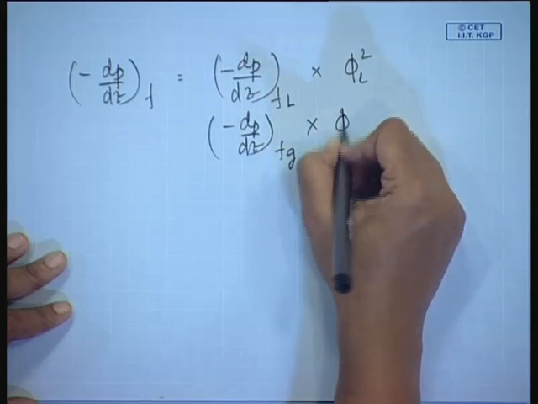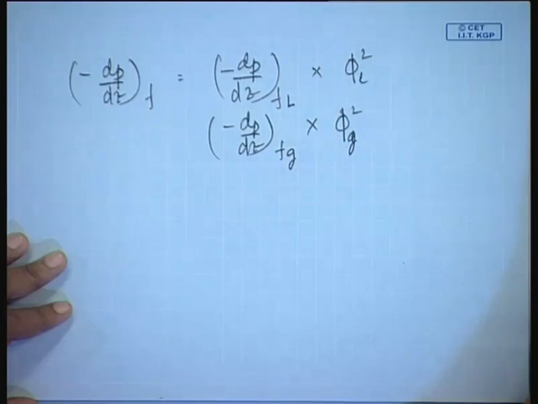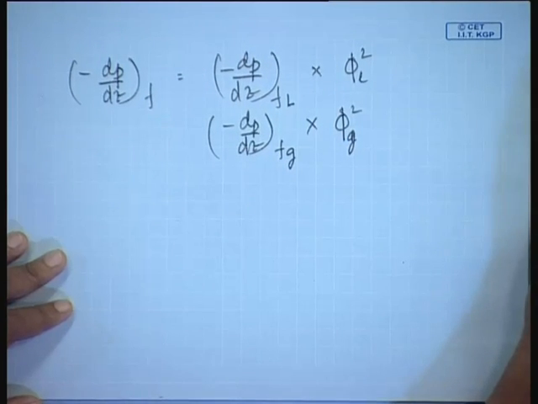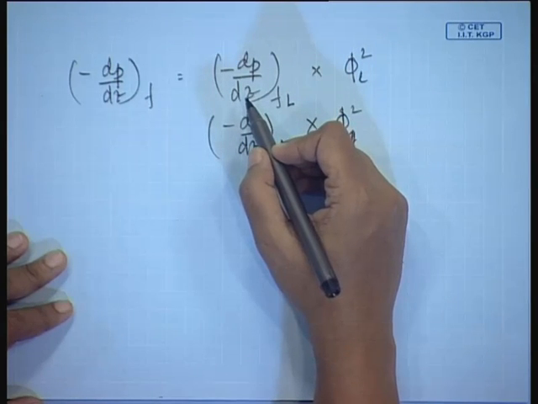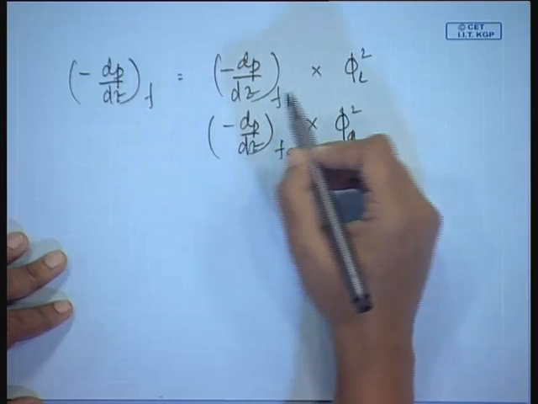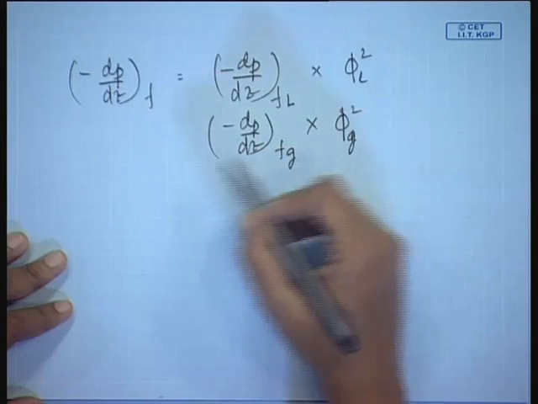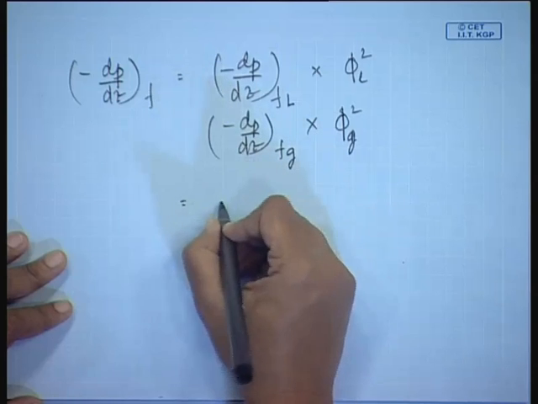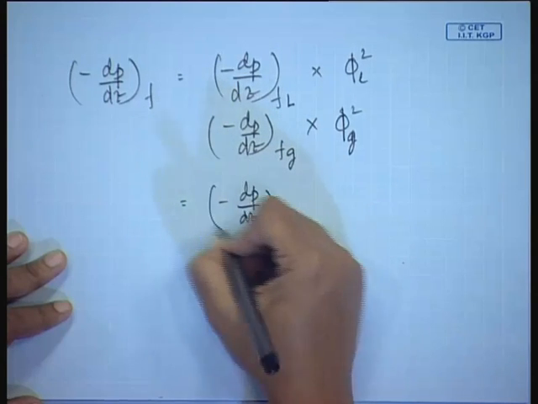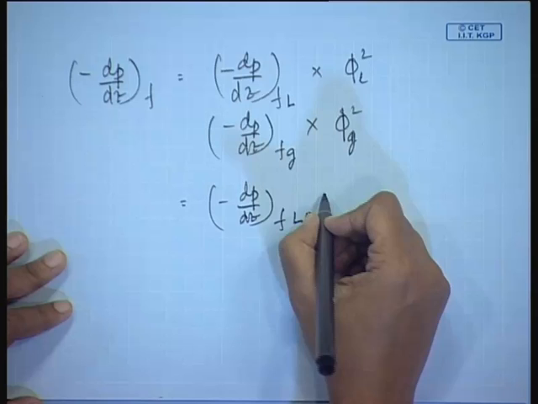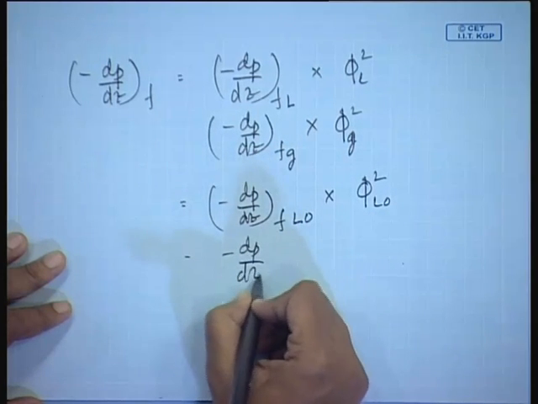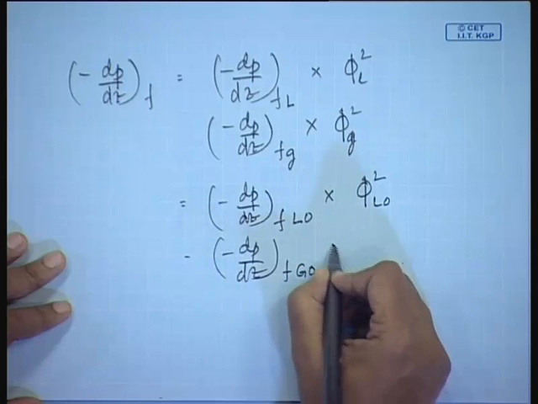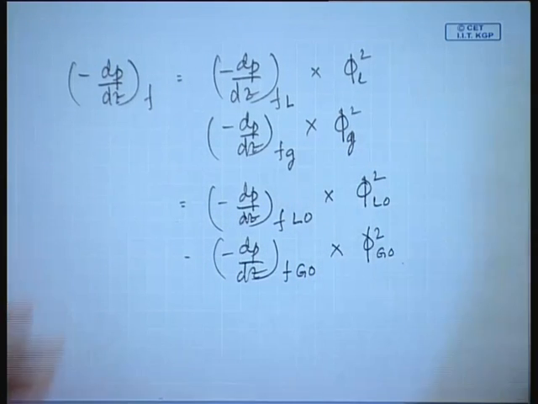In this particular case it was phi g square. They were all two phase multipliers. They were based on the single phase pressure gradient when either the liquid component flows alone in the pipe, or the gas component flows alone in the pipe, or the entire mixture flows as liquid, in which case this becomes phi square LO, or maybe, which we do not use much, the entire mixture flows as gas. So, these were the things that we had defined there.